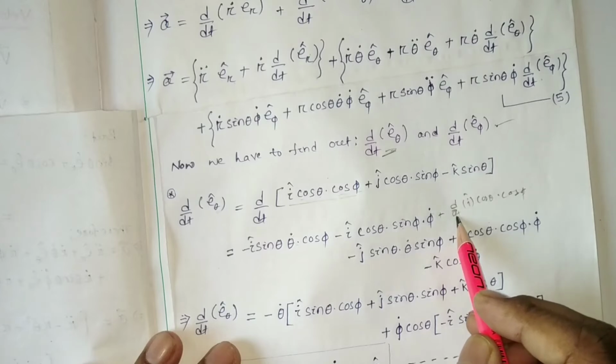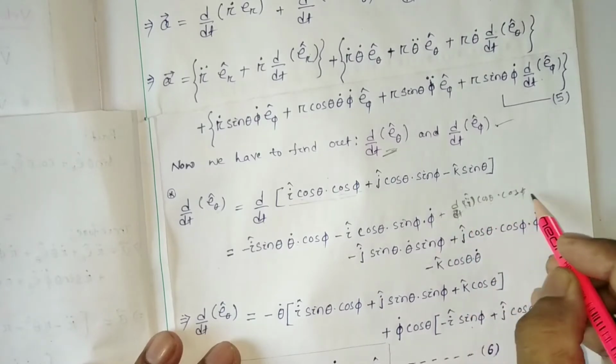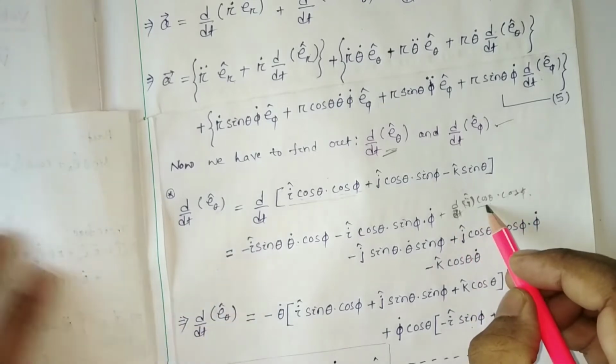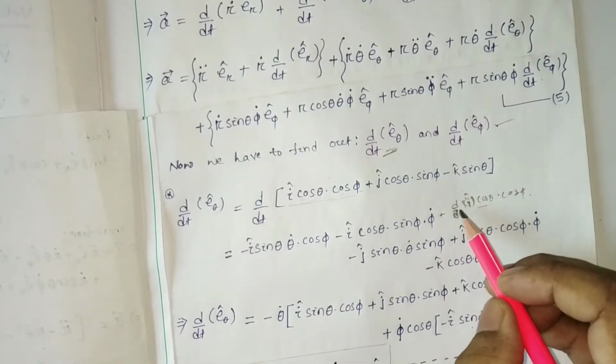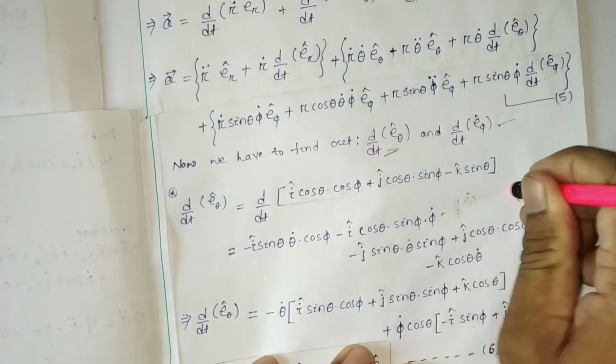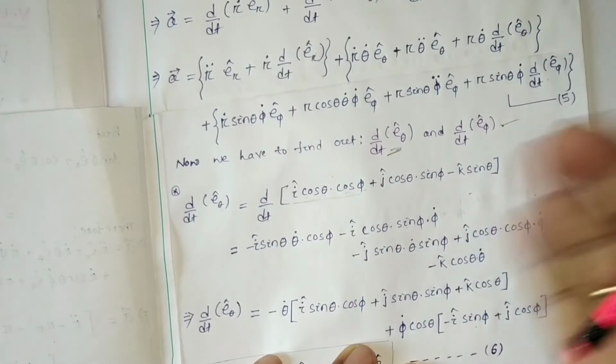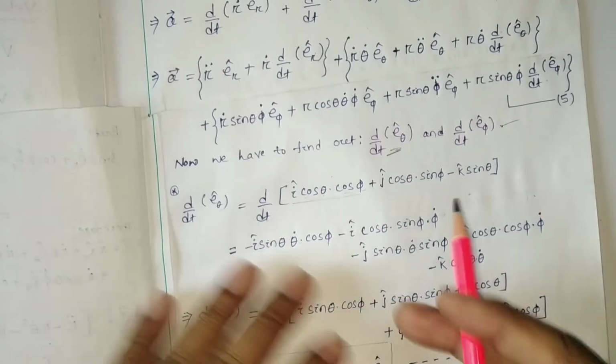Third term should be d by dt of I cap cos theta cos phi. Here I not written because we know that I cap is a unit vector and d by dt of I cap will be 0. So this term will be 0, only for that I not written over here. So no need to write it.